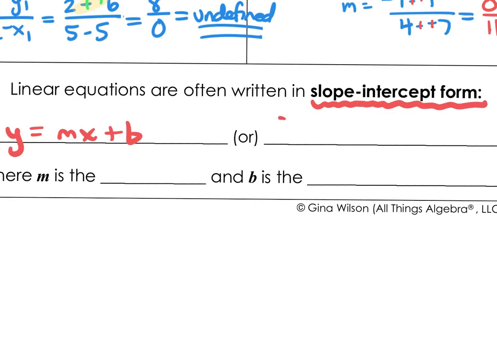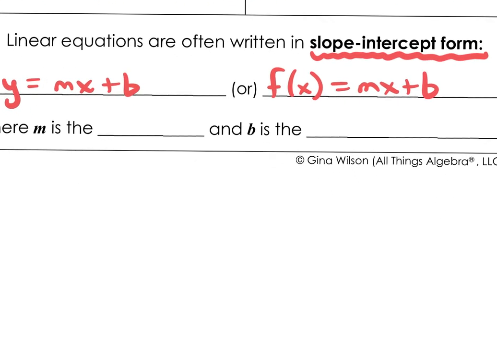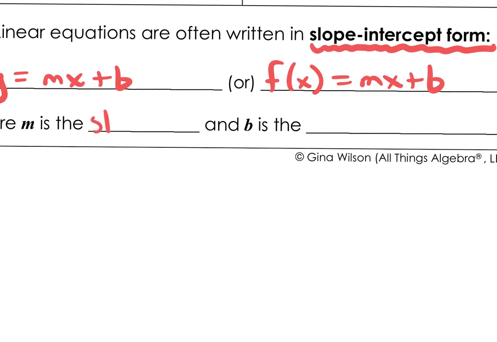So the other one would be f of x equals mx plus b. M is our slope. B is the y-intercept. Guys, again, we have been doing this since pre-algebra.